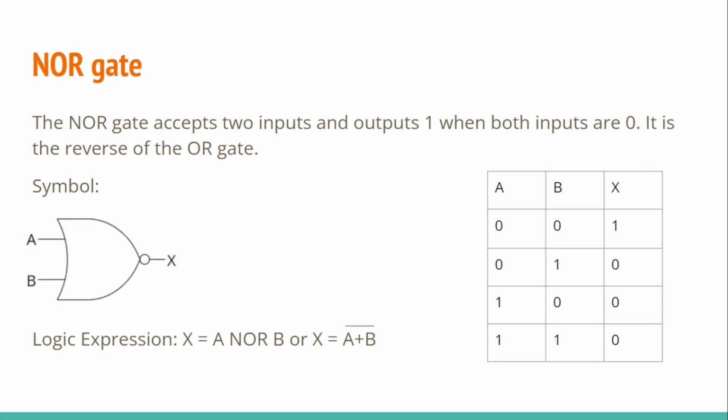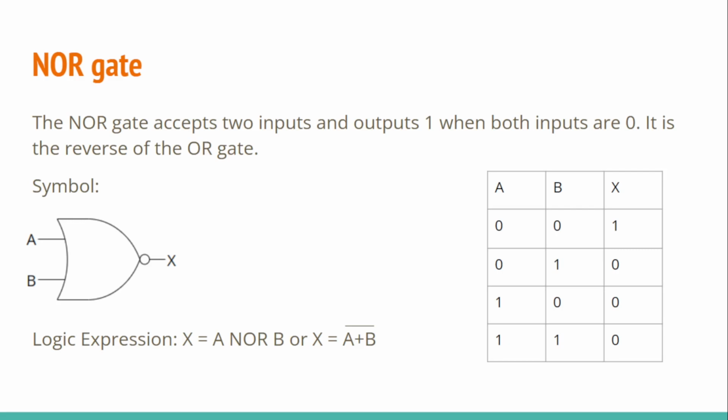The NOR gate is the reverse of the OR gate. It accepts two inputs and outputs 1 when both inputs are 0. And the symbol is similar to that of the OR gate, except that there is a NOT before the extension of the output X. The logic expression is X equals A NOR B, or X equals A plus B all bar.